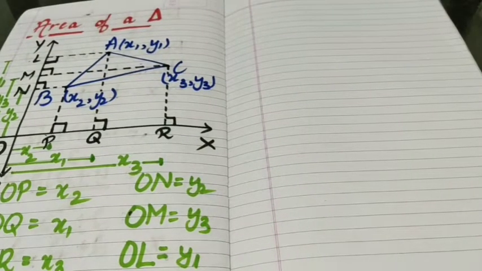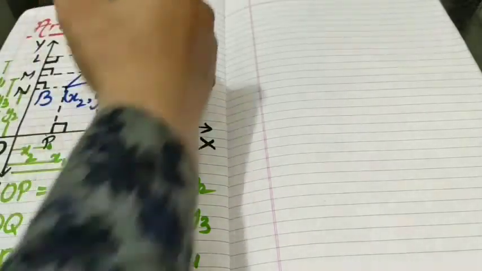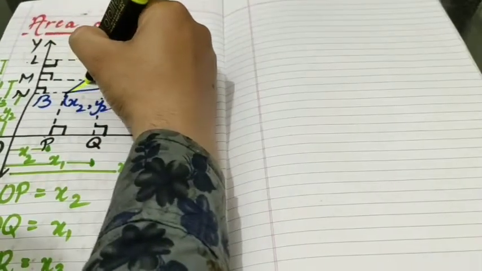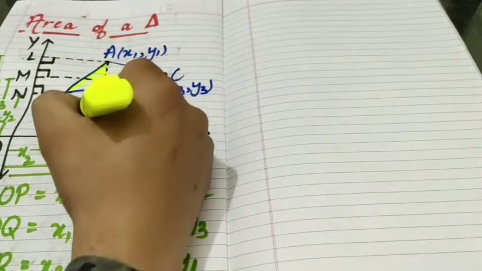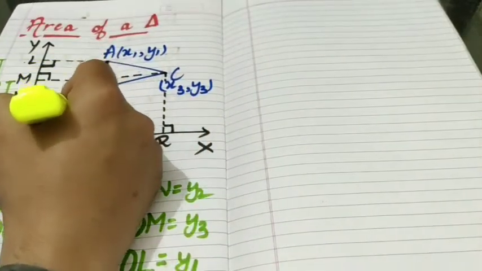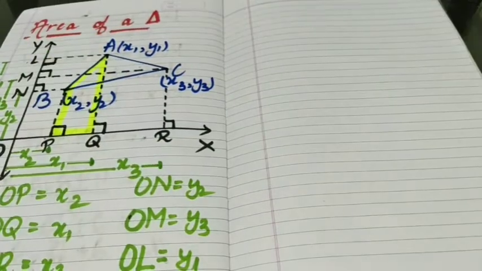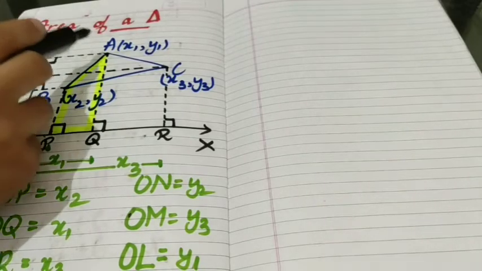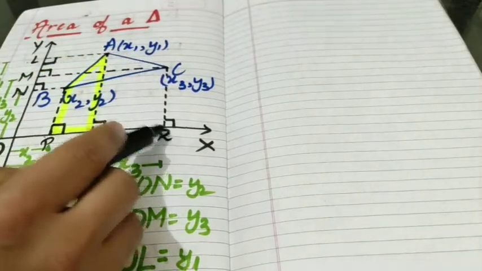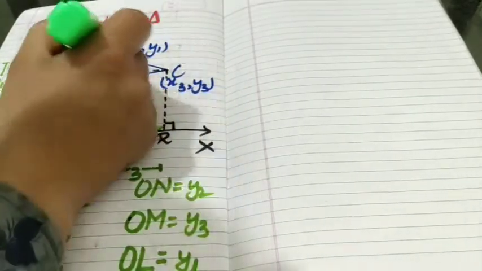Now students, take the area of trapezium ABPQ, which encloses almost this region, and the area of trapezium ACRQ, which is like this.